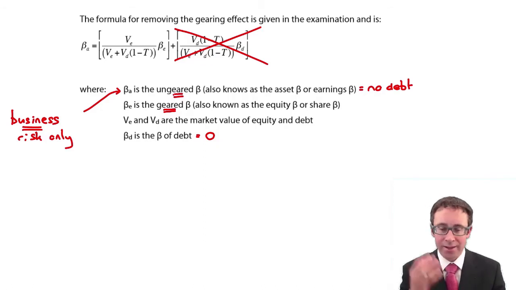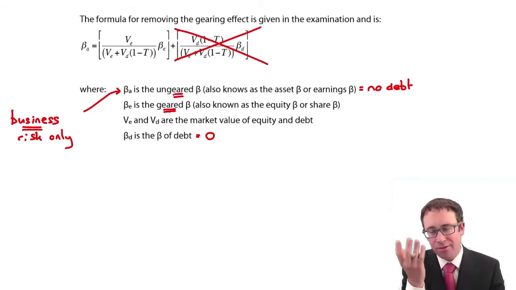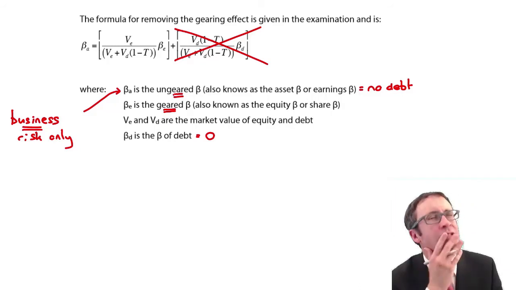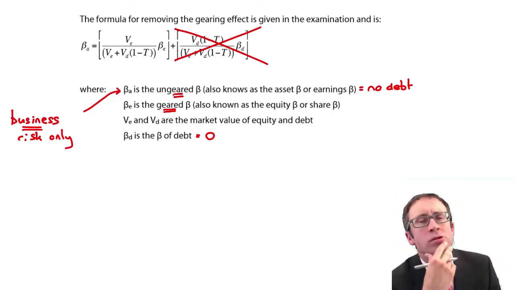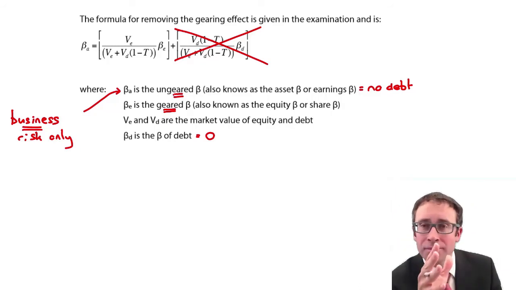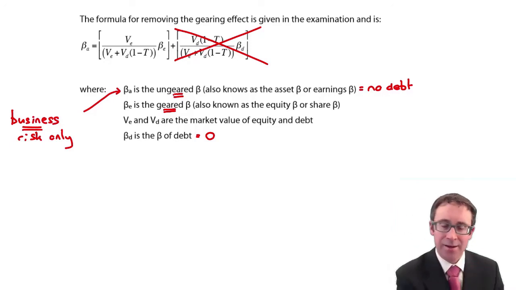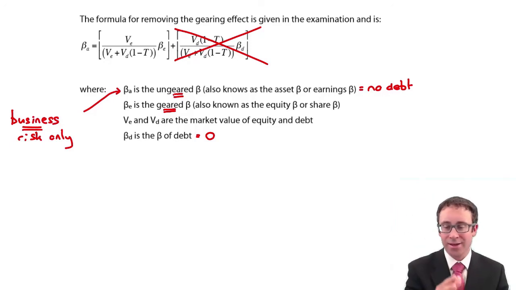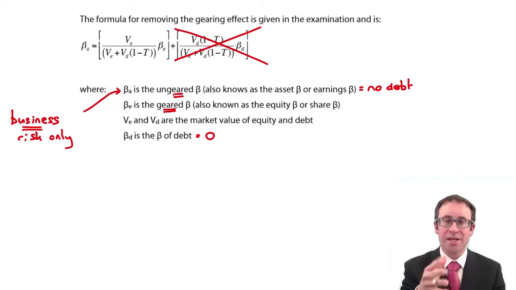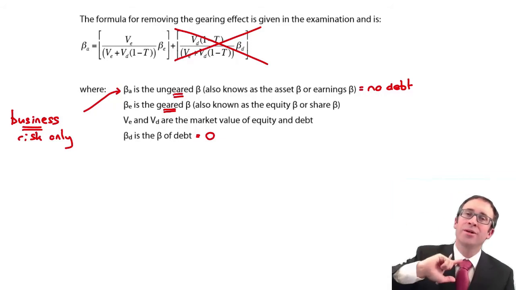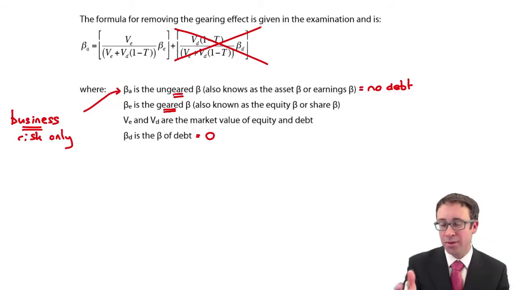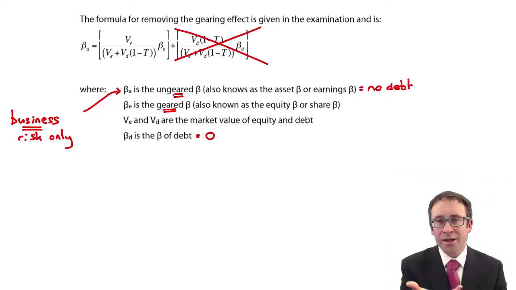It's a little bit counterintuitive, isn't it? Because if beta E is the equity, surely that would be 100% equity. No, it's not. Beta asset is when there is no debt and it is a 100% equity financed business.